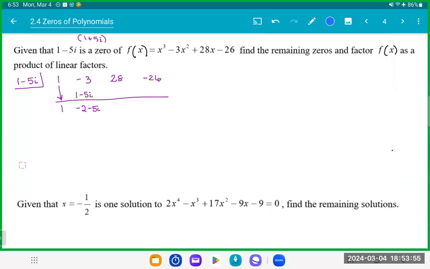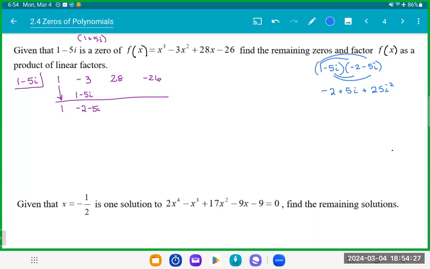Over here on the side, like I did last class, if I have 1 minus 5i, and now I need to multiply that by negative 2 minus 5i, I'm going to do this by the FOIL method. So that is multiplying our first, outer, inner, last. And that's going to give me negative 2 plus 5i plus 25i squared.